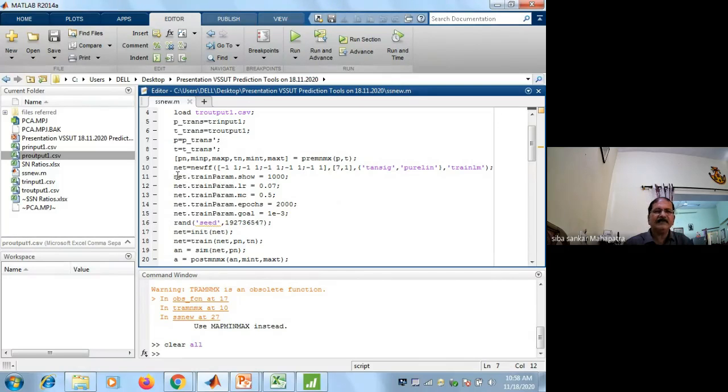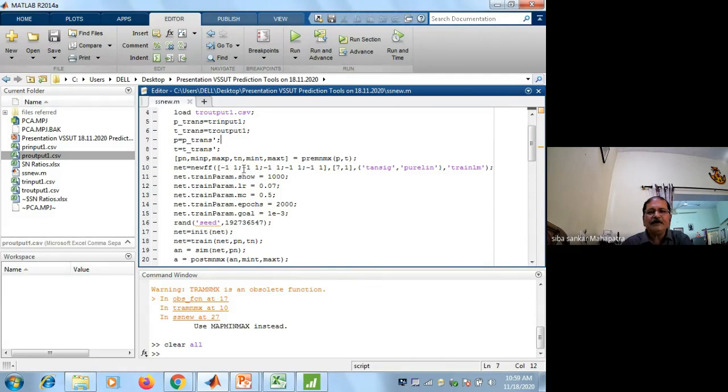you create the architecture of the neural network: how many input neurons, output neurons, the number of hidden layers and the number of neurons in the hidden layer. So this is the newff, the feed-forward network, defined here. Now here you see -1, 1, -1, 1.